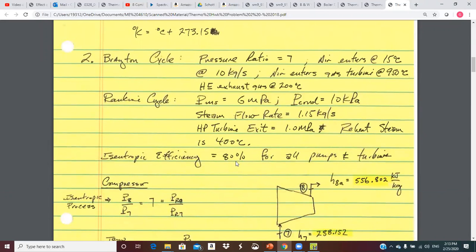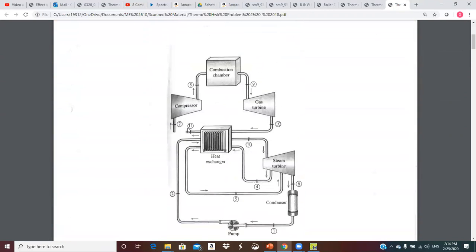You know, pressure ratio, 7. So that's the discharge pressure from the compressor divided by the input pressure, and then it goes the other way across the turbine. Air comes in 15 degrees C, 10 kilograms a second. We're heating coming out of the combustor at 950. And the heat exchanger exhaust is 200 degrees C, so that's right here, coming out at, what is that, 11.